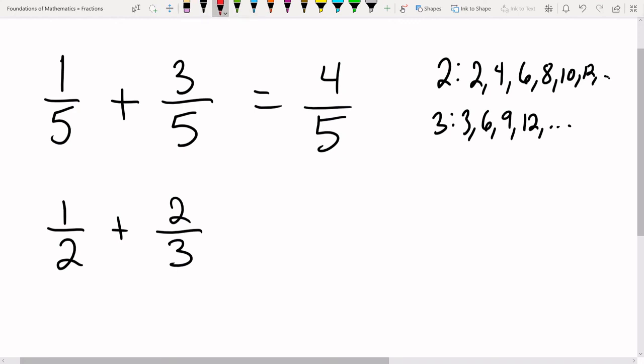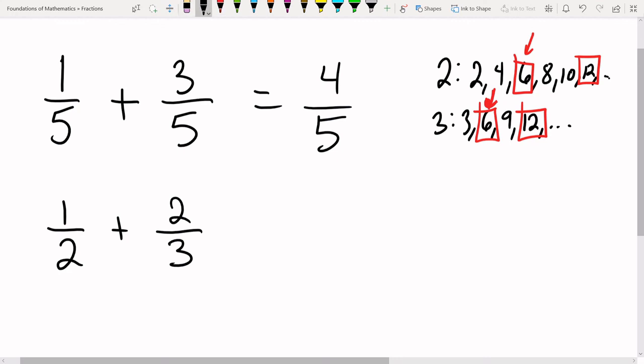And you see here, we do have common numbers in both of these. We want to always use the least common multiple, which we're going to make the least common denominator, because that's going to make us have easier work in the end.